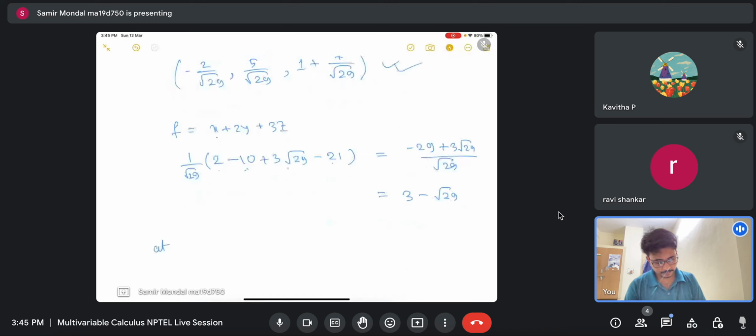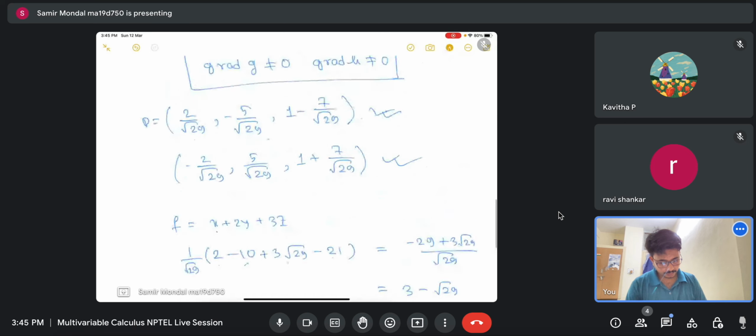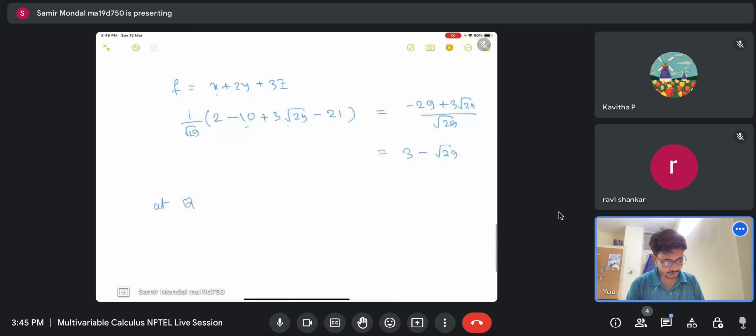Suppose this is point p and this is point q. At q the functional value will be 3 plus root 29. You can check it. So this is your maximum value.